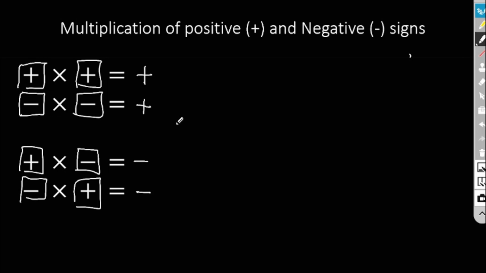As we can see here, there is an interesting pattern formed: whenever you are multiplying signs of the same kind, whether it's positive, positive, or negative, negative, they are going to give you a product of a positive sign. So we can use a short form to remind ourselves. When you have the same sign, you'd always get a positive product of your signs.